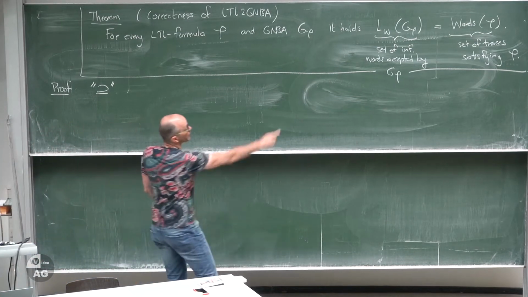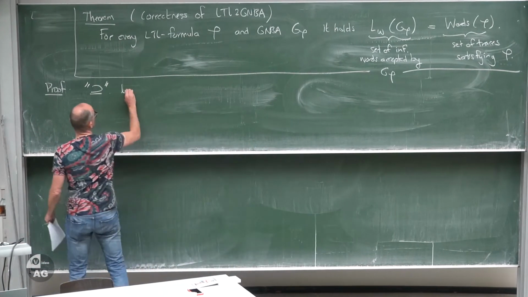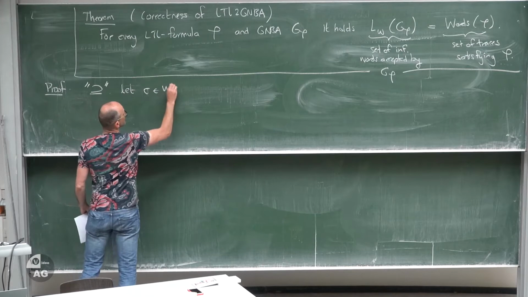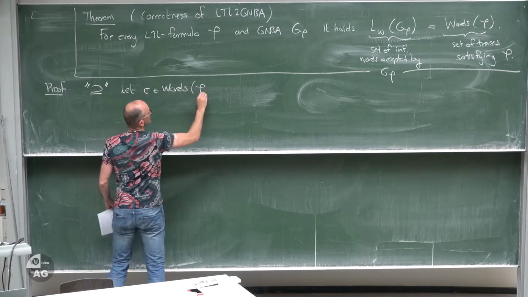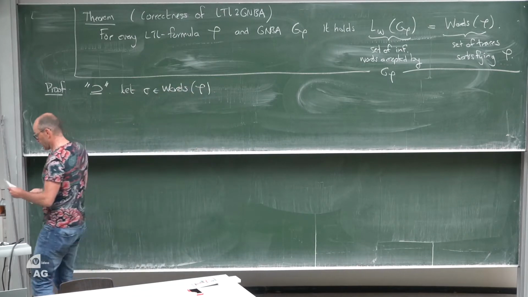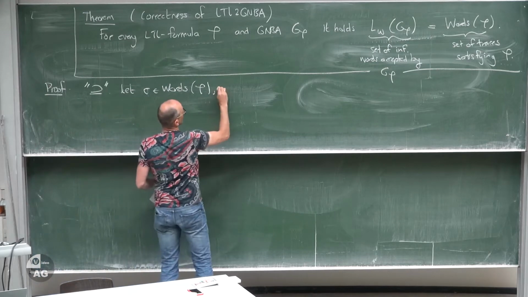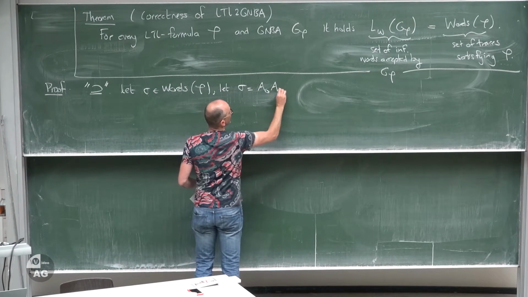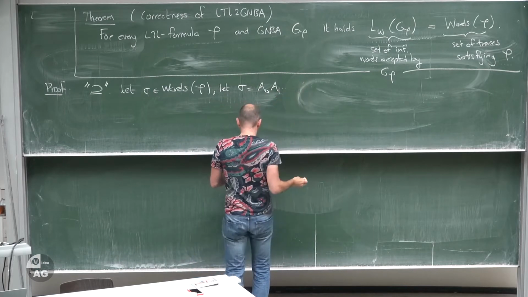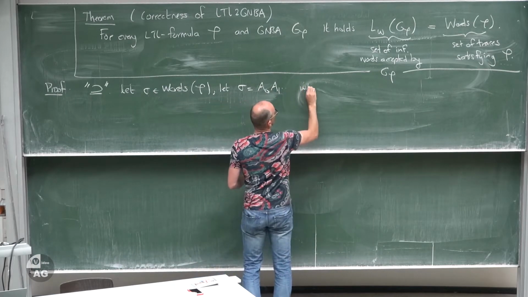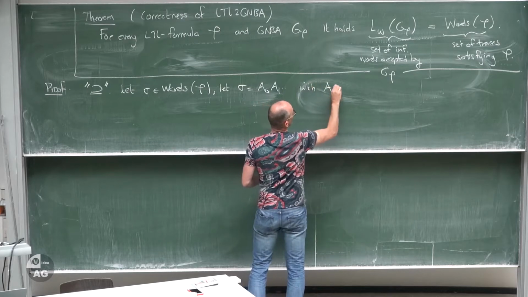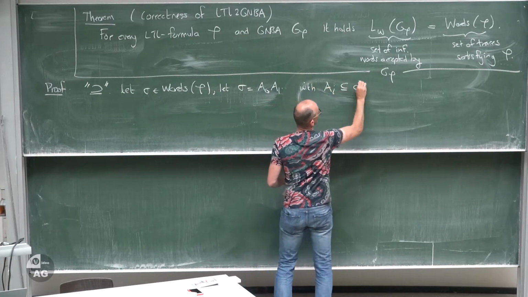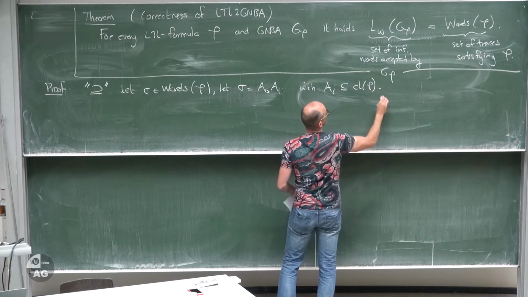Well, we pick something in the set words of phi, and we assume sigma is something of the form A0, A1, etc., such that A_i is a subset of the closure of phi.